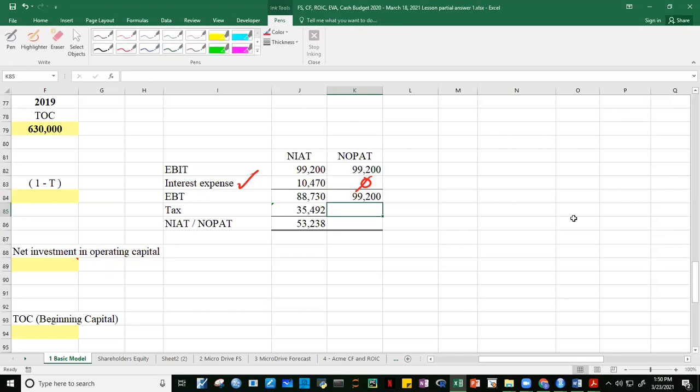So it's still 99,200, because the interest expense is not charged to us. Okay, clear? Then therefore, our tax is now 99,200 times 40%.